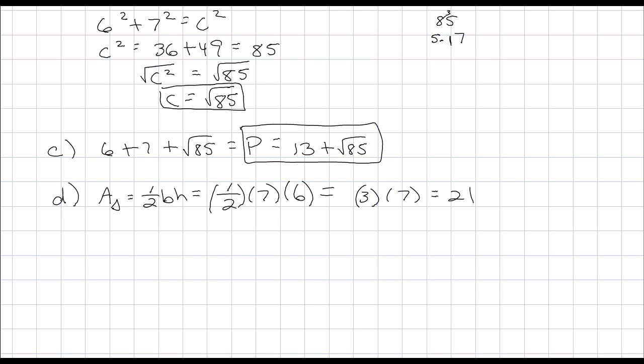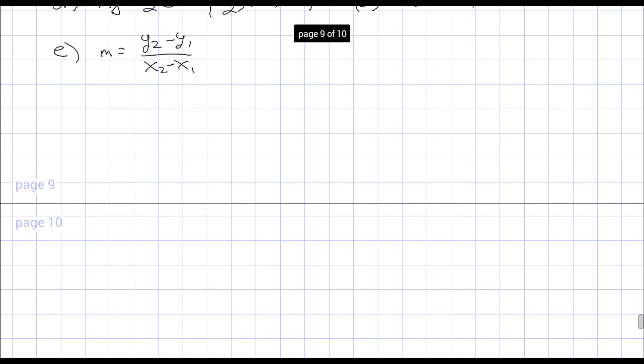For part E, the final question is the equation of the line. I'm going to need the slope for that, and I'm going to need the Y-intercept. So to find slope, which is typically denoted by m, is y2 minus y1 over x2 minus x1. And let me just draw a smaller version of what we're looking at here.